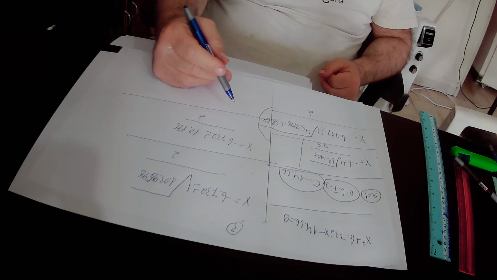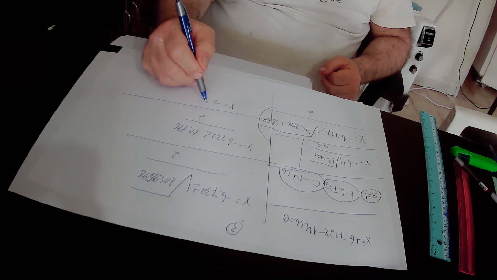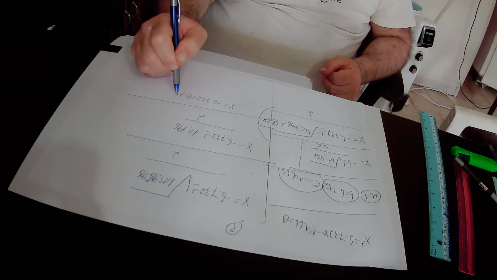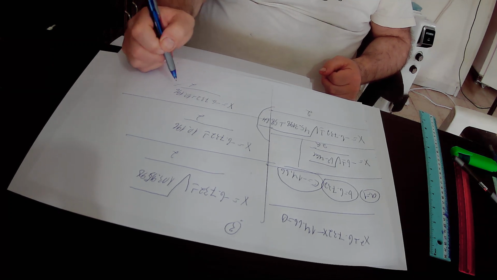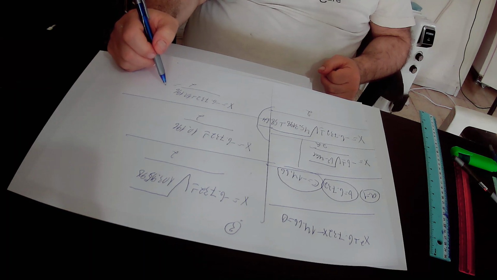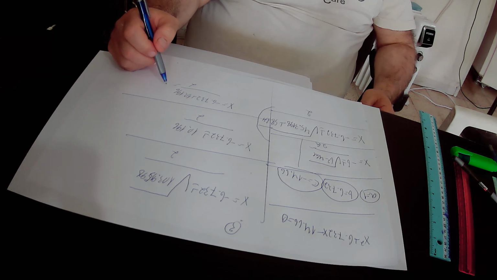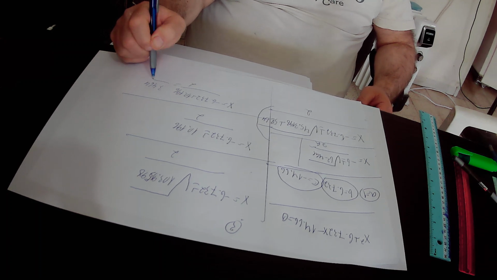The positive solution for x is as follows: x equals minus 6.732 plus 10.196, divided by 2. Minus 6.732 plus 10.196 equals 3.464, divided by 2.